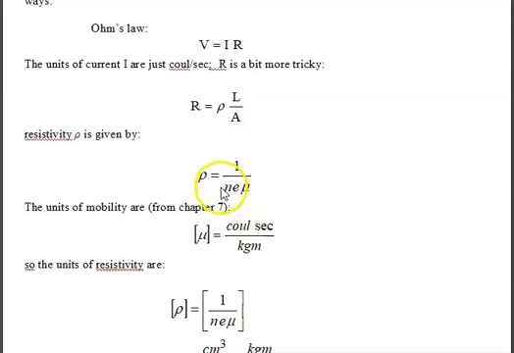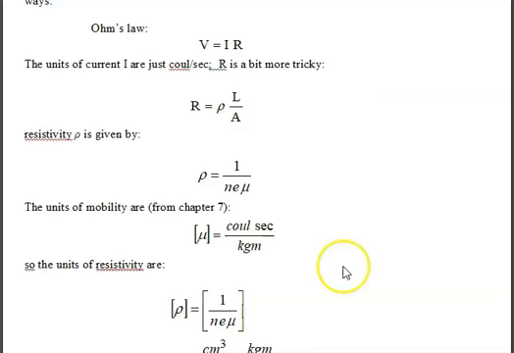So this nE is measured in coulombs per cubic centimeter, and the units of mu, this is from chapter 7, is given by coulomb second per kilogram. I'll actually make a derivation of that in chapter 7, so you can check that out. I'm not going to derive it here because it would take a little bit too long.